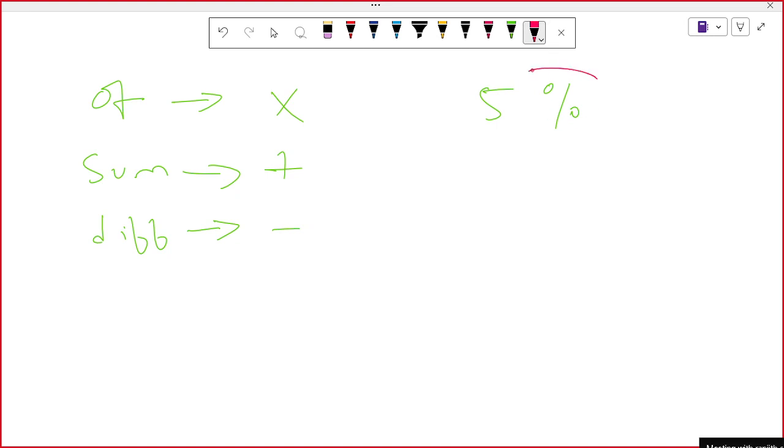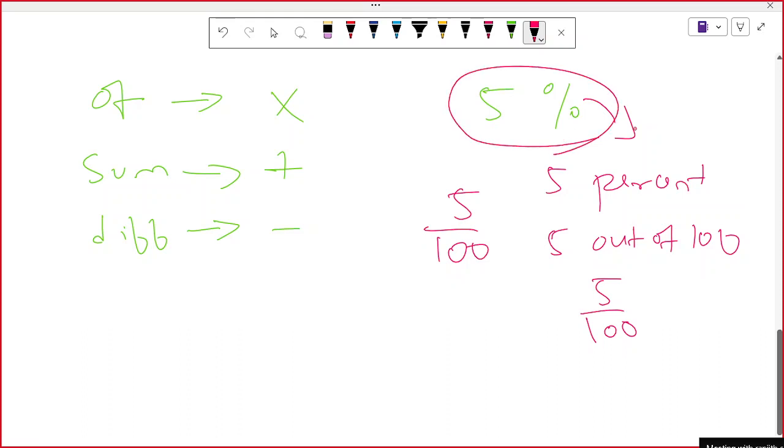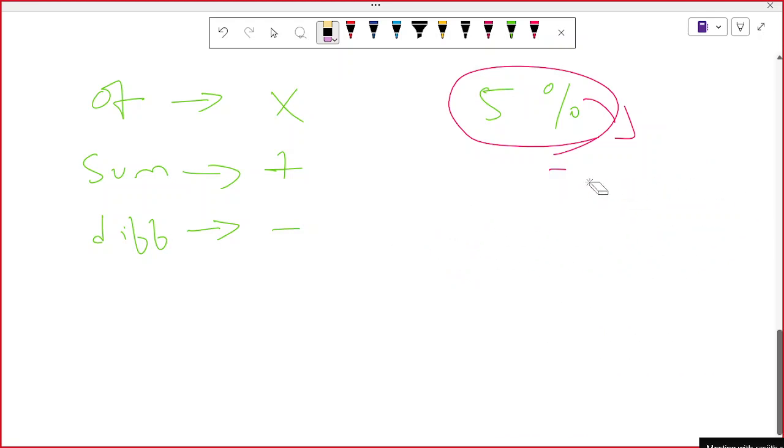How do you convert it into a fraction? Doesn't this symbol look like division? Yes, sir, the division symbol. So divide by 100. This is one way to remember. If not, what did I tell you? 5%, 5 out of 100, that is nothing but 5 by 100. So whenever you see questions like 5%, 3%, you just have to divide by 100.